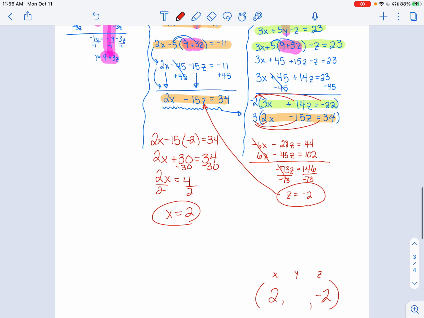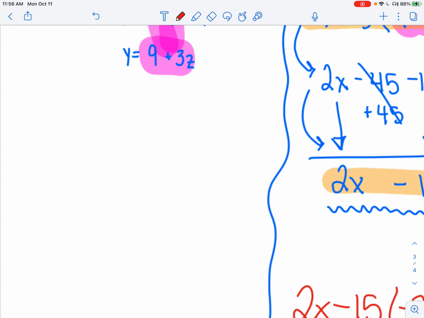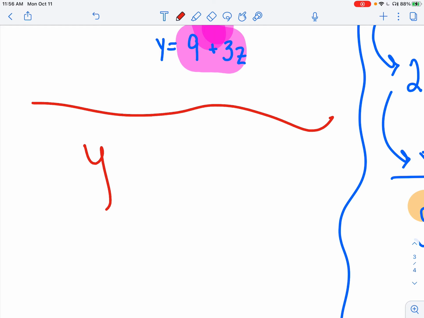Okay, so I worked my way over, I worked my way down, now I'm working my way back around. So I'm going to go back and put the z and the x into the first column, if I can. Let's do that. So I have y equals 9 plus 3z.